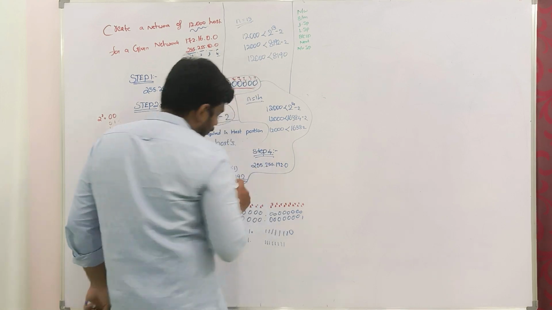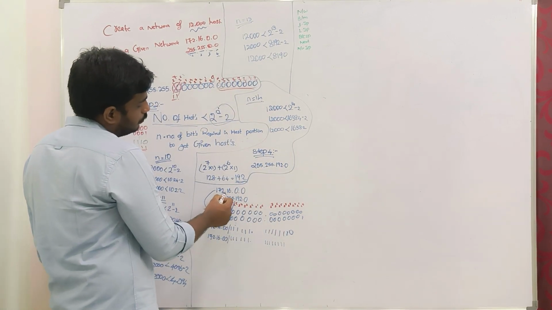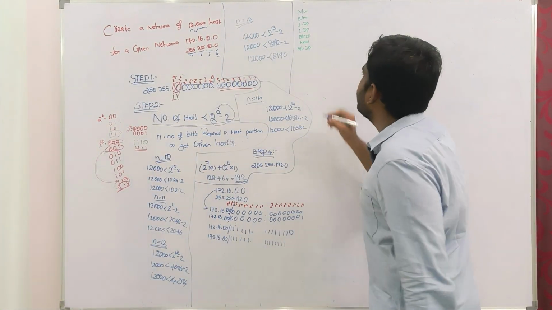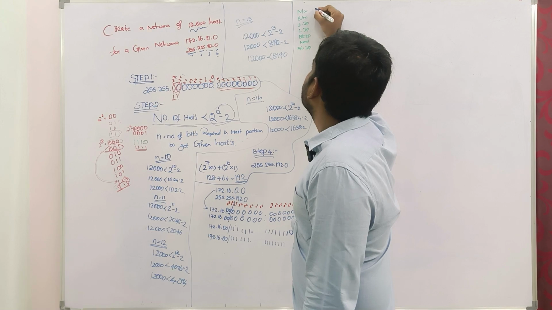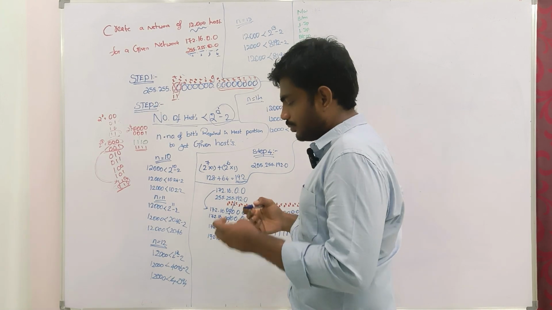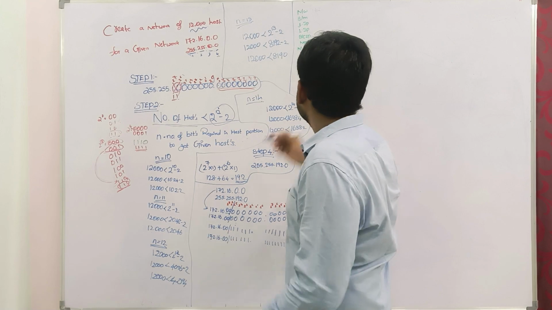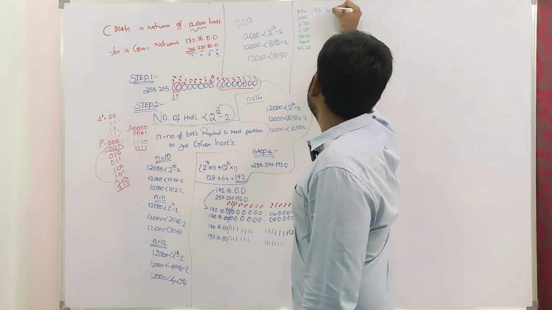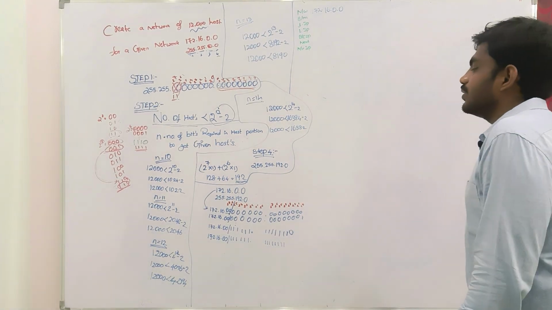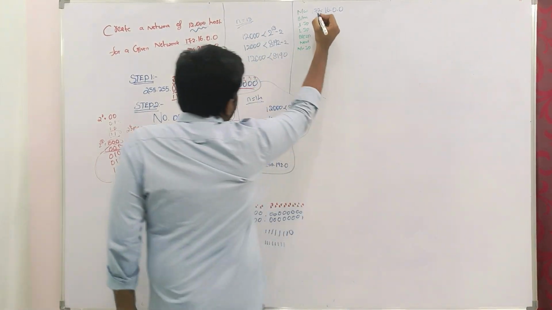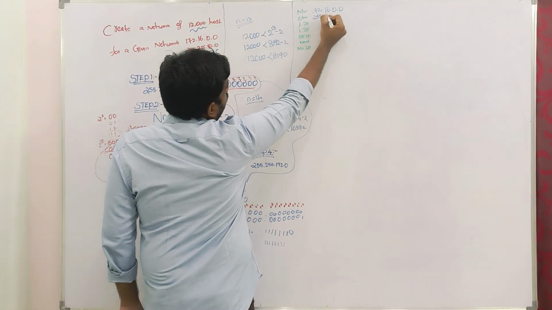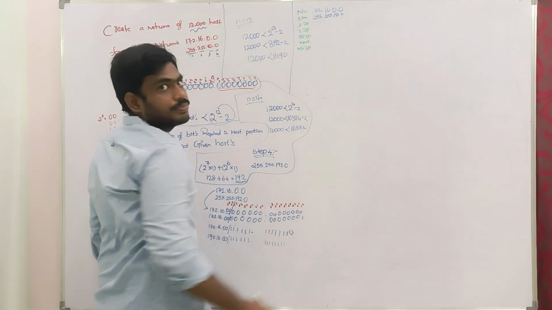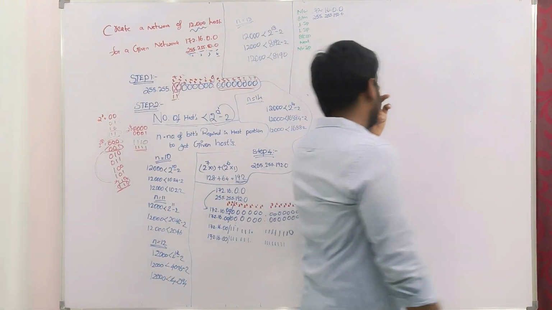We know our network IP is 172.16.0.0. What is the subnet mask now? 255.255.192.0.